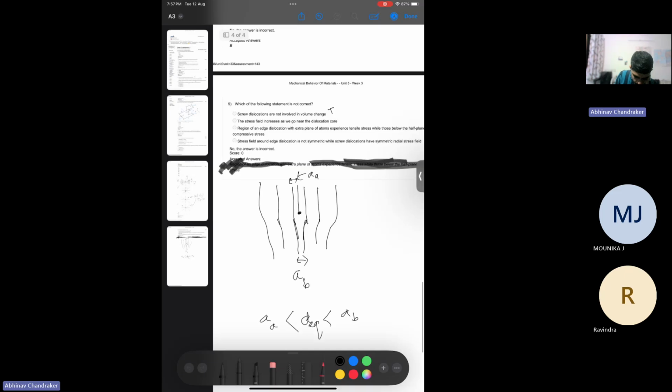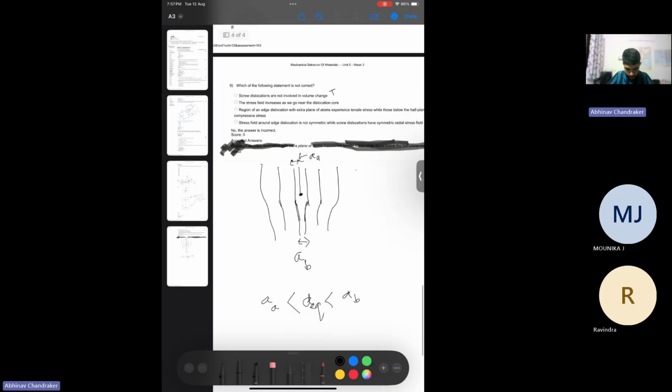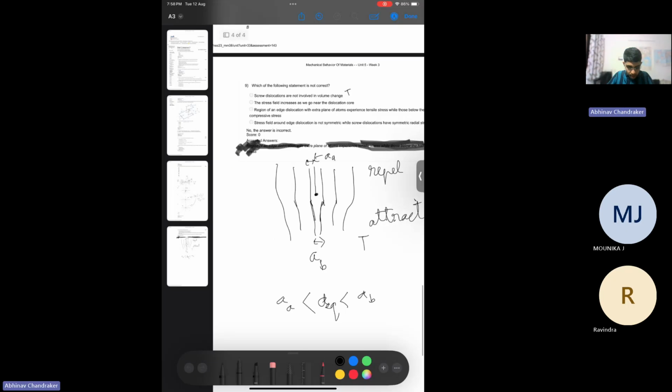So above you will have compression, since there is too much packing, so atoms are trying to move away from each other. They are facing a compressive stress. Below they are facing tensile stress. They are trying to come closer. So above they are trying to repel, and here they are trying to attract. I hope now it is clear why this is false.